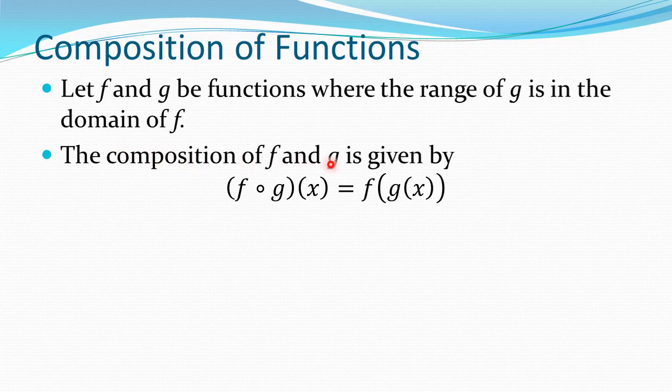So the composition of f and g is just given by this expression here. You might see this more often: f circle g of x is just equal to f of g of x. So what is going to happen is that the expression for g you put into f. That's all that happens with composition of functions. So to illustrate that further, we'll have some examples.